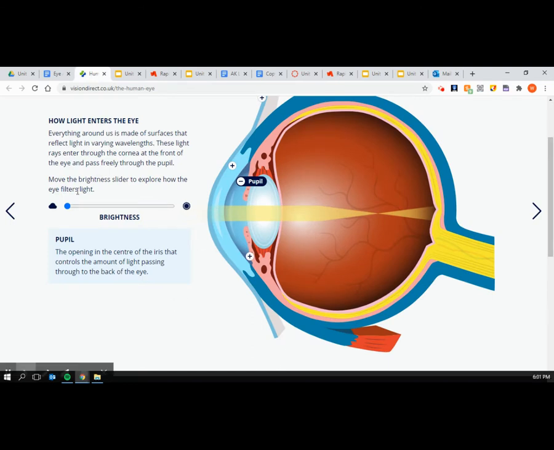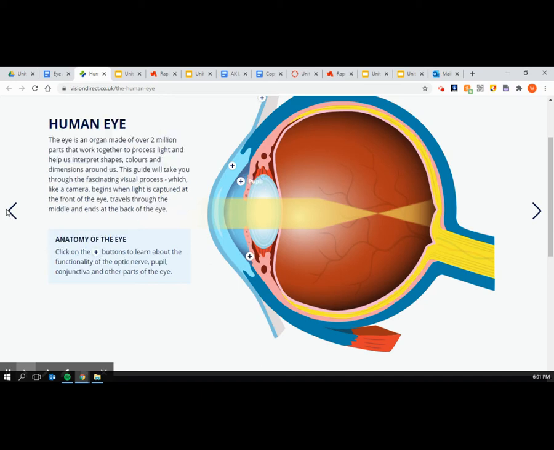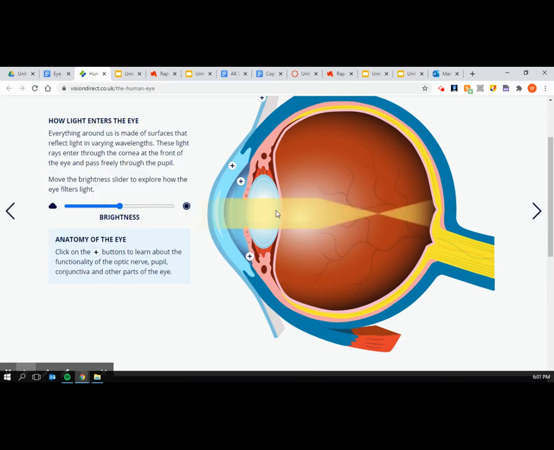All right, so here we go. So we'll say we have just medium brightness. All right, so we start, here's the cornea, here's the pupil right here, here's the iris right here, here's the lens. Okay, you can see how when the light comes through the lens, it focuses it.